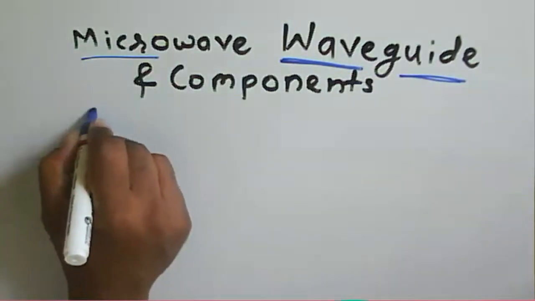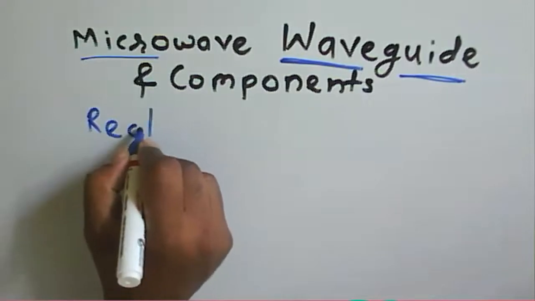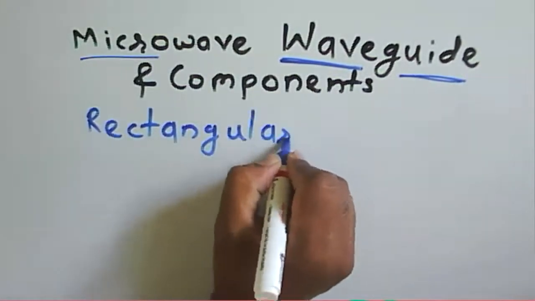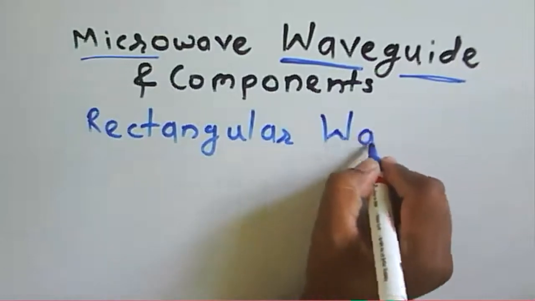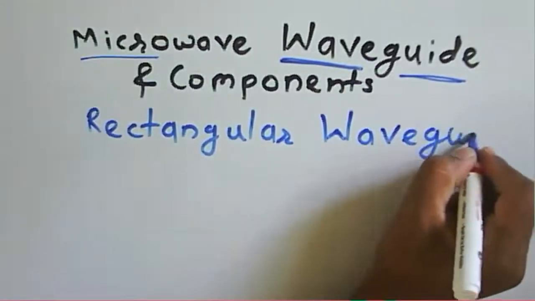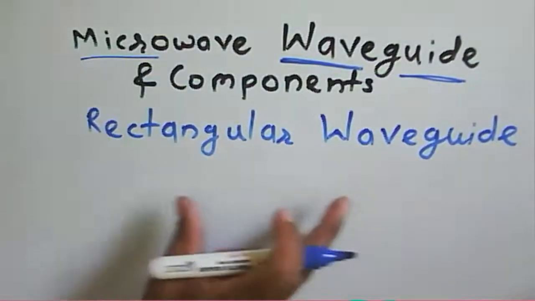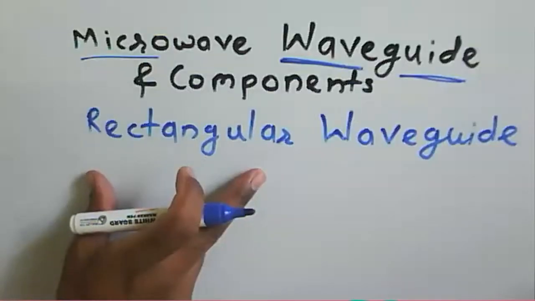Mostly, in application, the rectangular waveguide is used. It is called a rectangular waveguide because the waveguide structure is a rectangle.